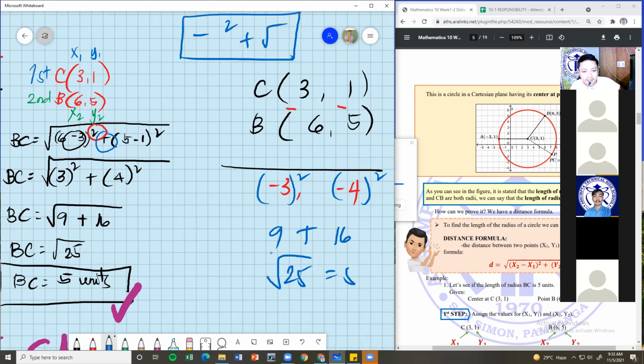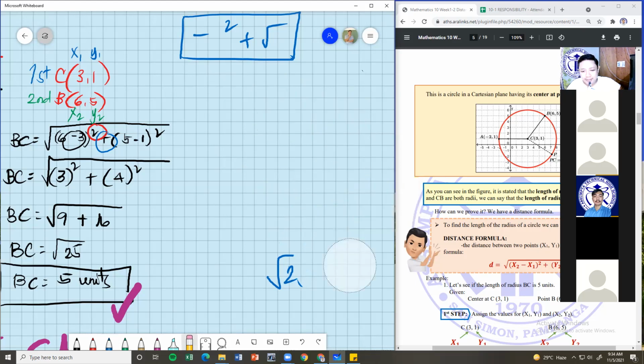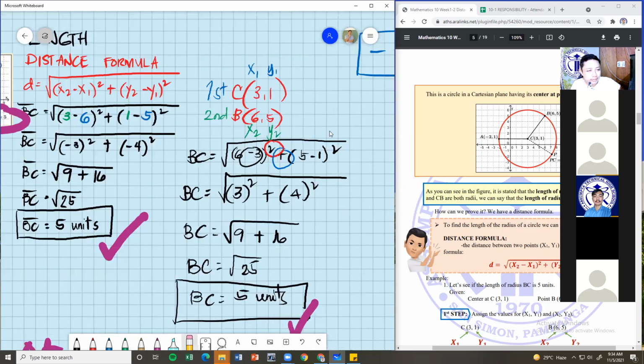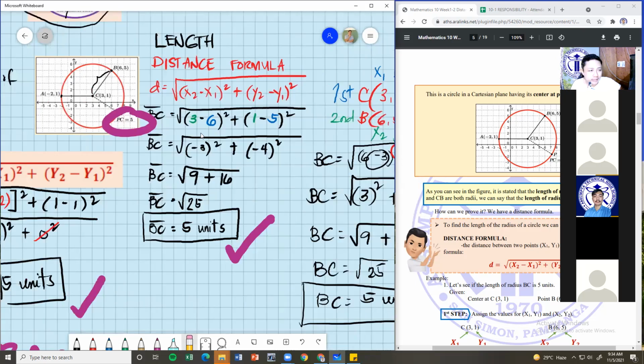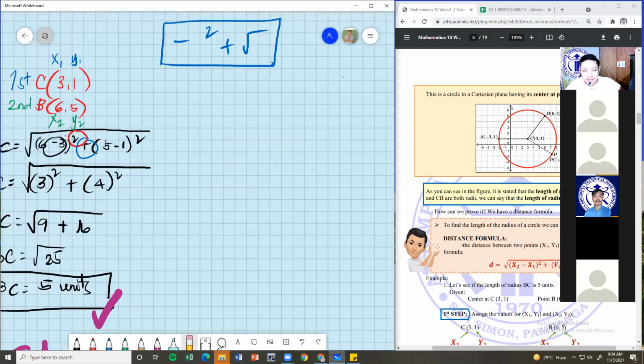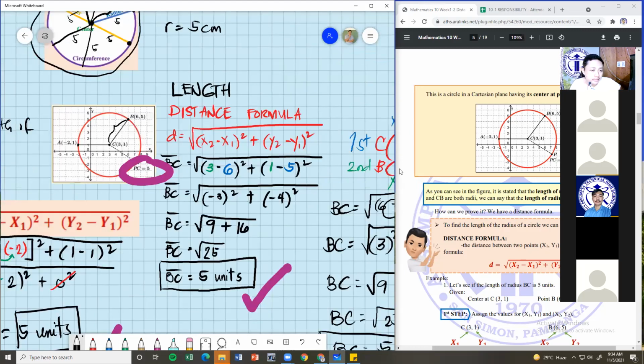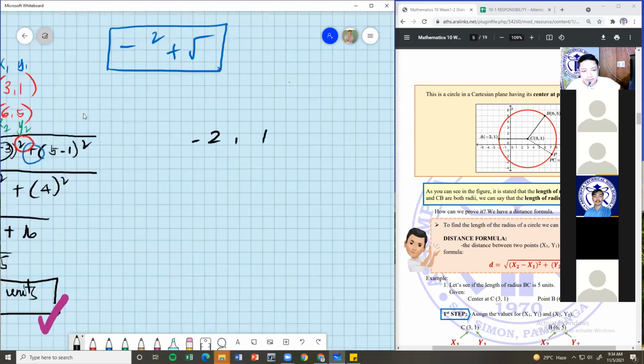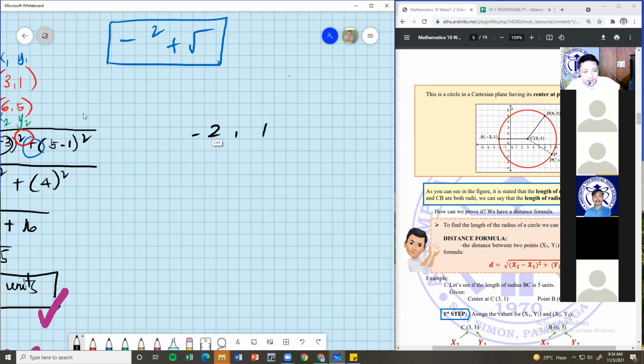One more. Ready? Subukan naman natin yung sa baliktad. Baliktarin natin yung kanina, yung other point, negative 2, 1. At saka, what's the center? 3, 1. Okay, just for you to see. Unahin naman natin to.